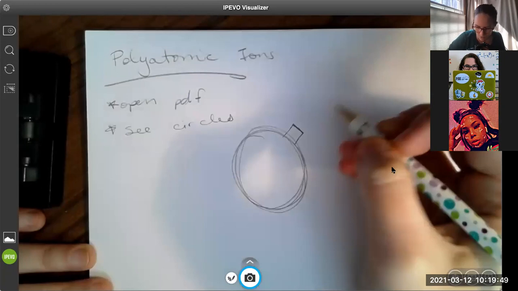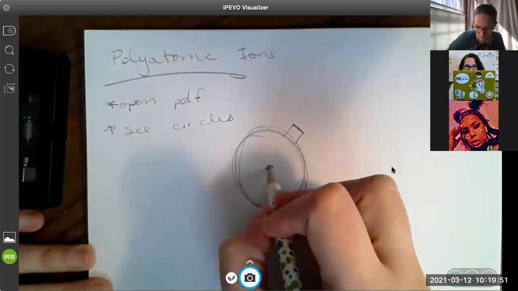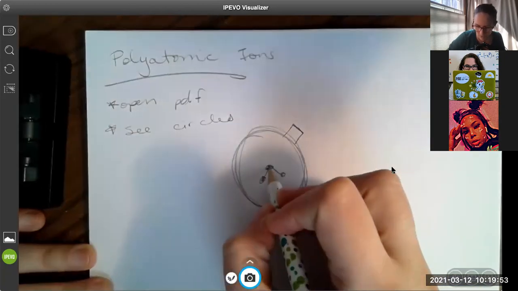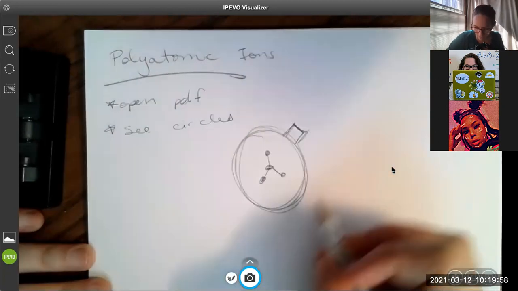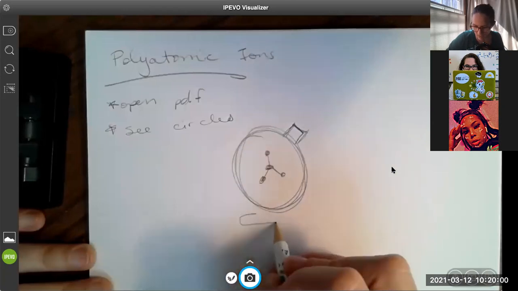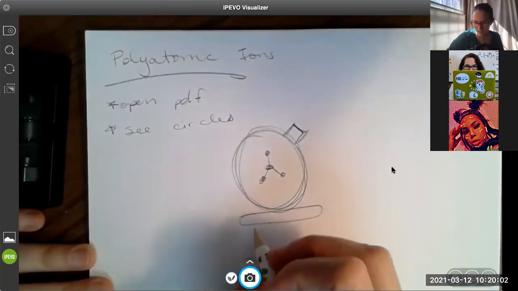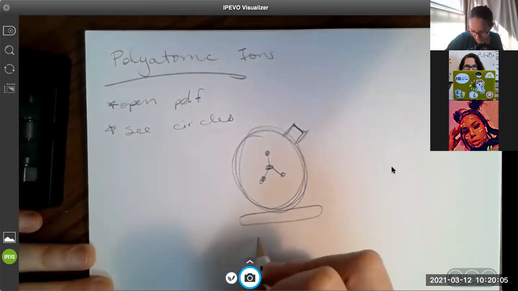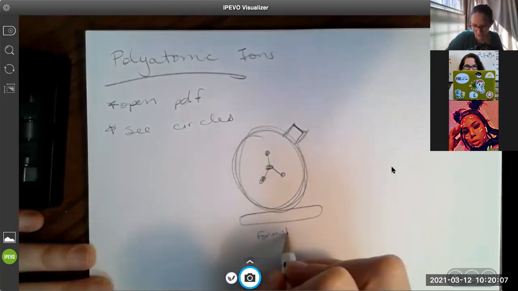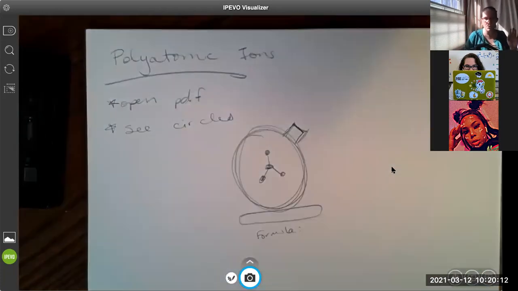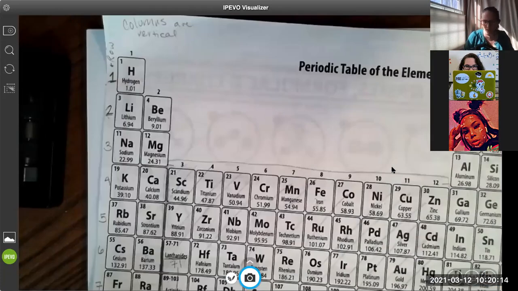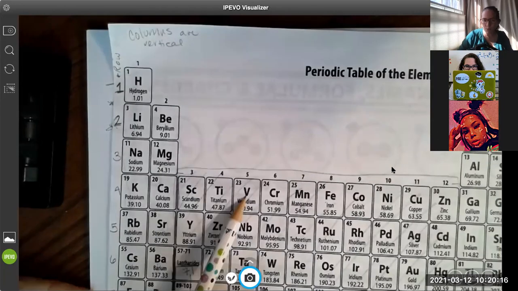We have a drawing in the middle, a box up on this side, a name down here, and then a formula under that. Those are the four, just like your periodic table, where we first looked at the symbol, the number of protons, the name, and the mass of each block on your table.